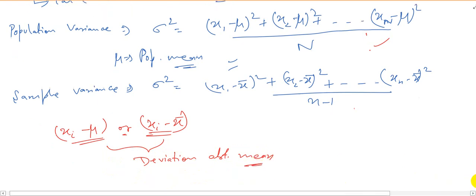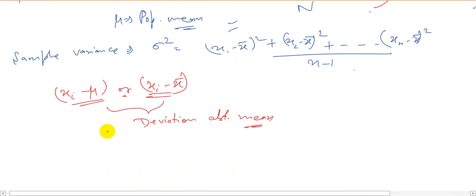How much are these ith values deviated with respect to the mean? If the mean is the population mean, then mu is taken into account, and if it is a sample, then x dash is taken into account. As we know, x dash is the sample mean and mu is the population mean. So these two things are actually deviations.